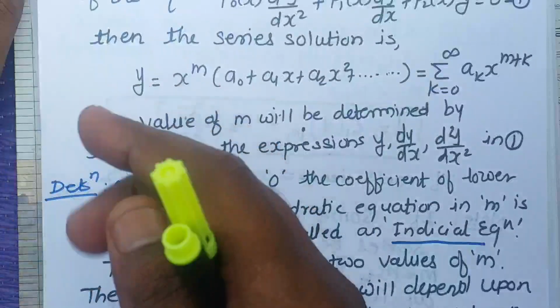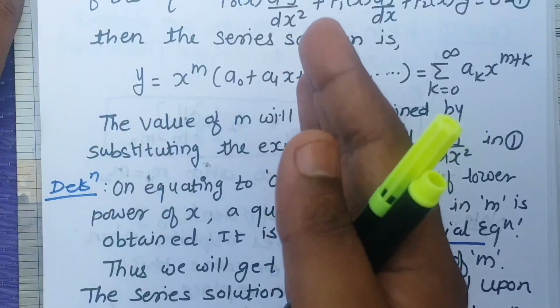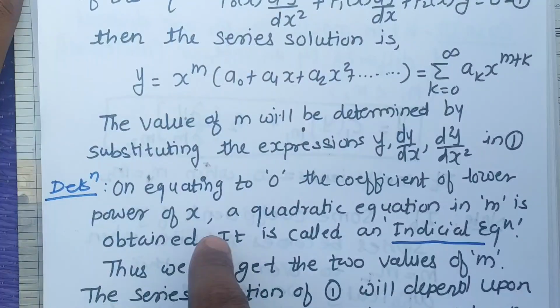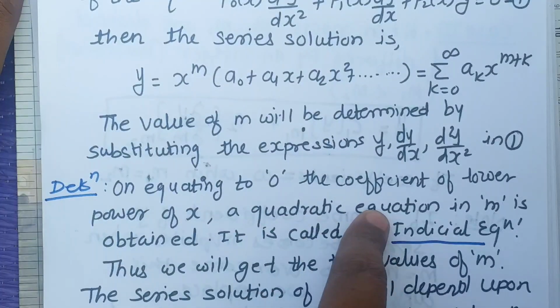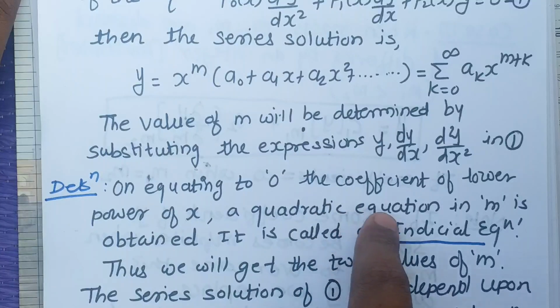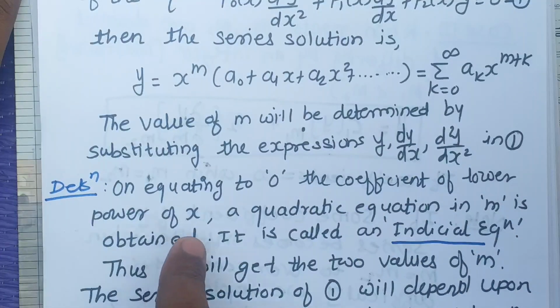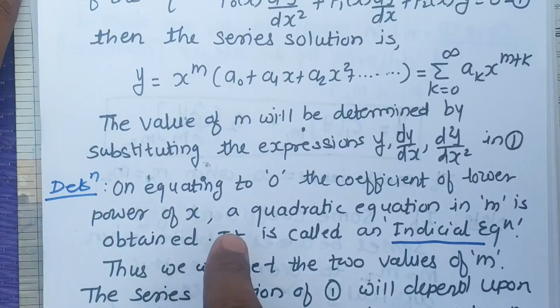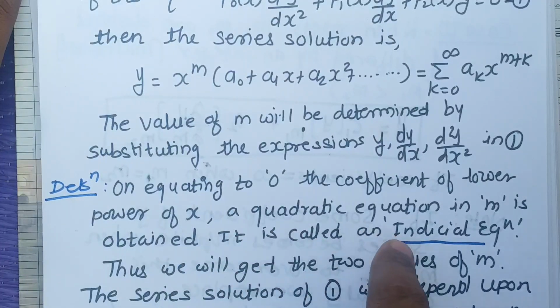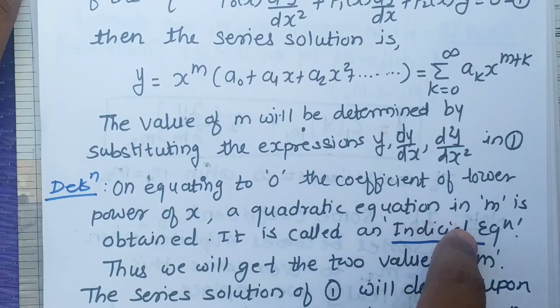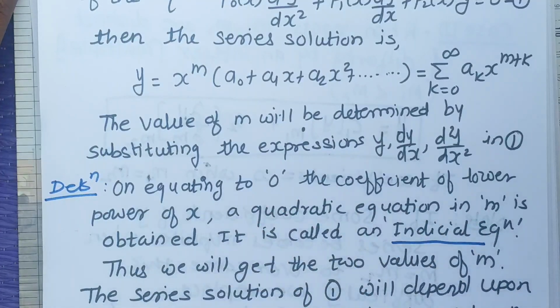When from that series you equate to 0 the coefficient of the lowest power of x, we get a quadratic equation. In all cases we will always get a quadratic equation in m, a second degree polynomial, and that equation is called the indicial equation. So the calculation of the indicial equation we have to do first.